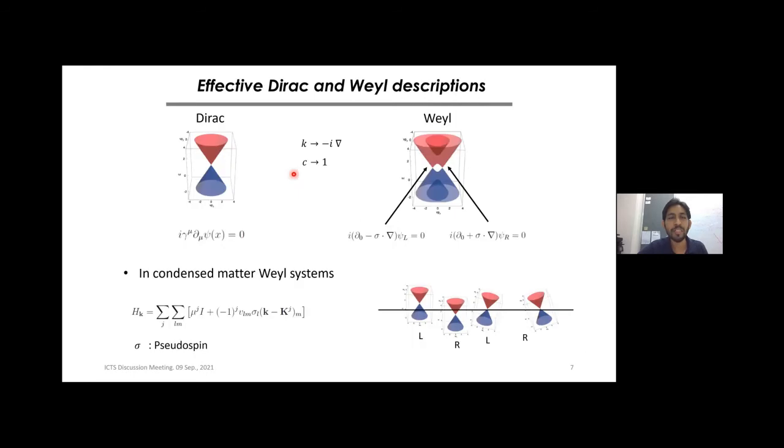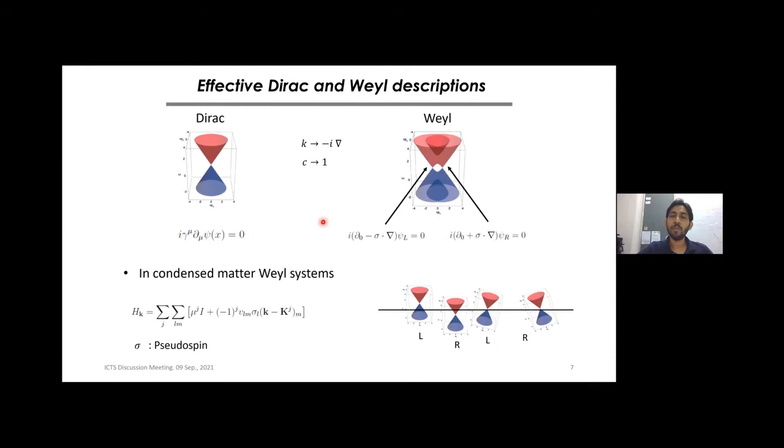But more importantly, it really has to have the same emergent Lorentz symmetry that you encounter in relativistic quantum mechanics. By which I mean that going from momentum, let's say I change it to real space and put the speed of light to 1, we know that this is our massless Dirac equation in relativistic quantum mechanics.